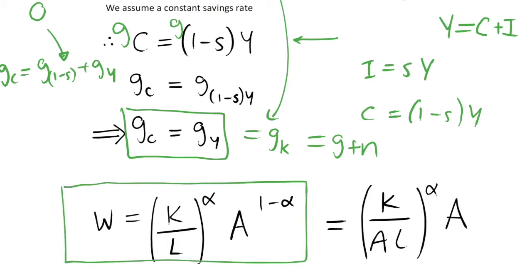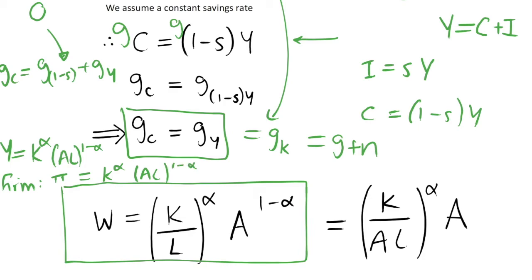I've just written down what the wage rate is in terms of our capital, labour and technology. Well, we know this because we had our production function, K to the alpha, AL to the 1 minus alpha, and we derived this in previous videos from the firm's profit maximization problem, where they maximize their output minus the wages they have to pay minus the rental rate of capital multiplied by the capital stock.